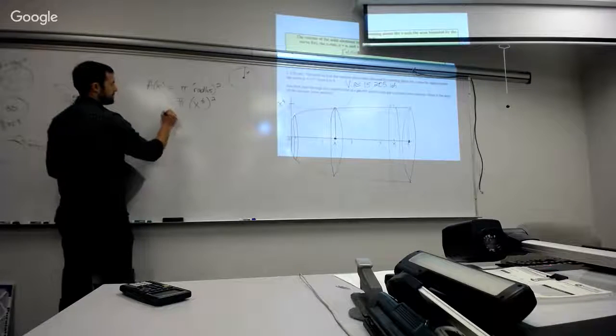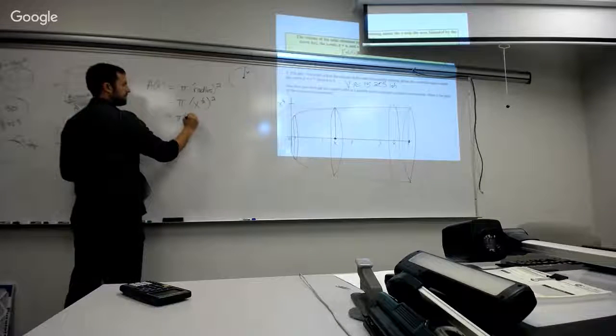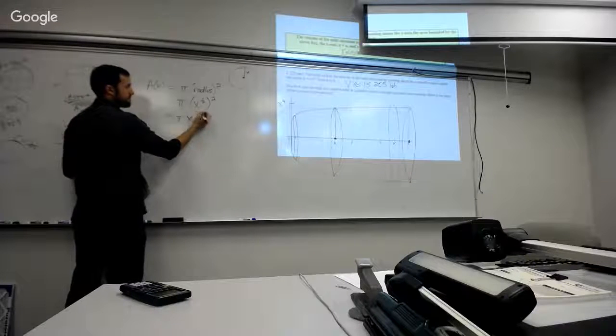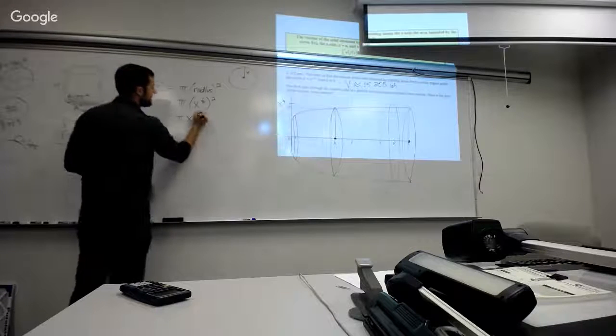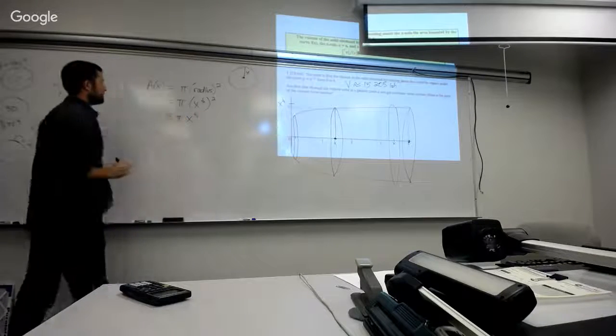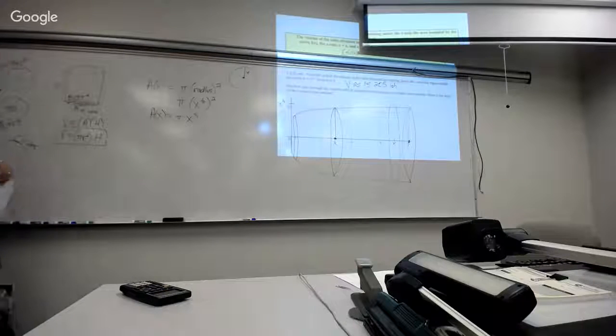And how does that simplify? What's x to the 1/7 to the 2? What happens when you raise an exponent to an exponent? You multiply the exponent. So this is x to the 2/7. So that is the cross-sectional area of each slice of that shape.